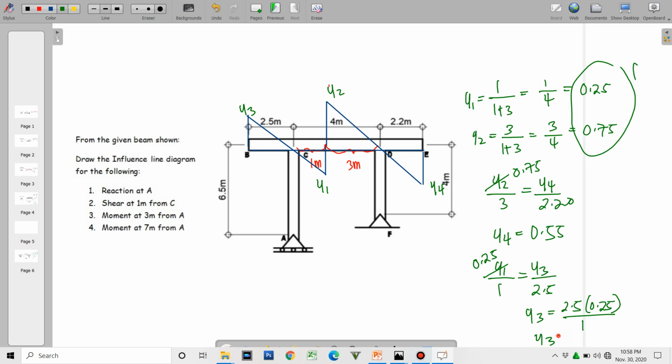So this is 0.625 for y3. Okay, so that is for the second requirement.